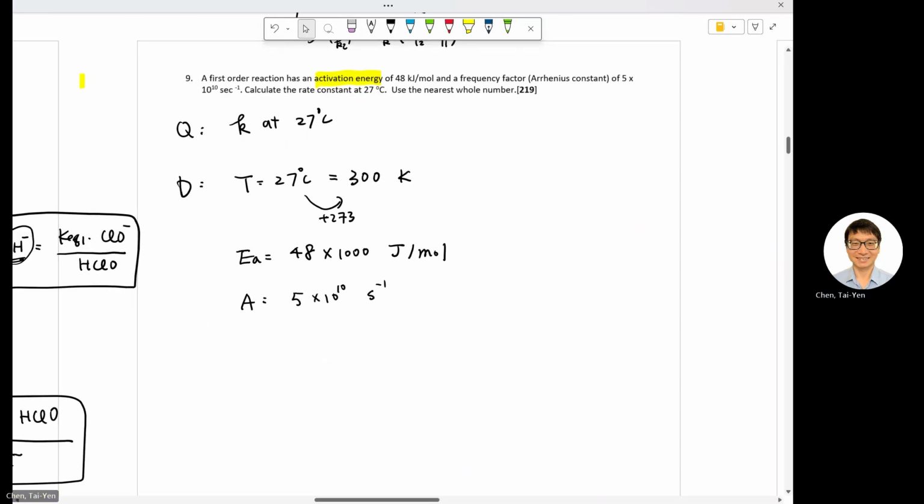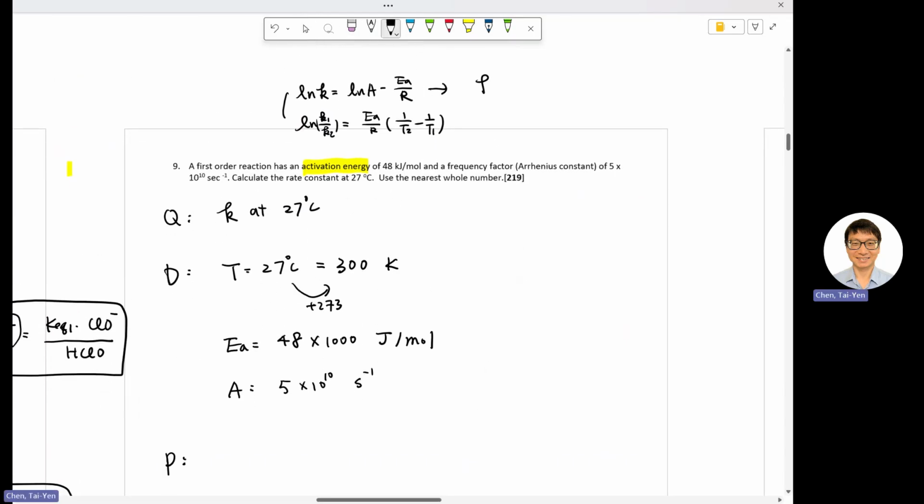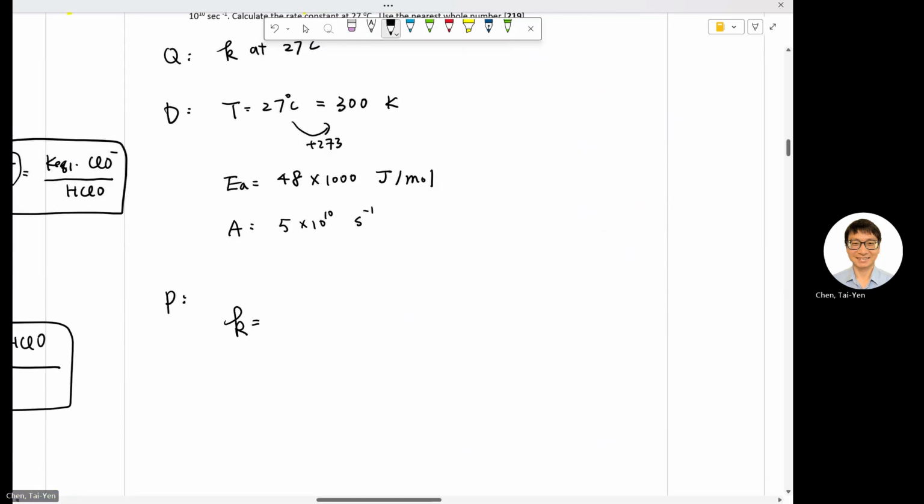So the plan will be, since you actually calculate K, you can rewrite this first to make it simple. K will equal A times exponential negative EA over RT. Okay, so we use K equal to A times exponential negative EA over RT.